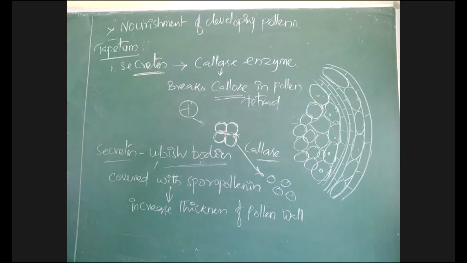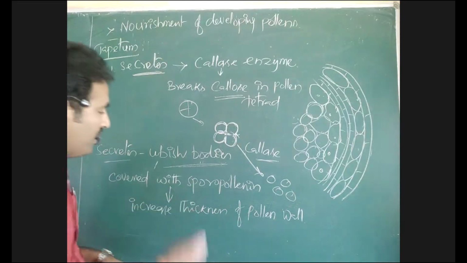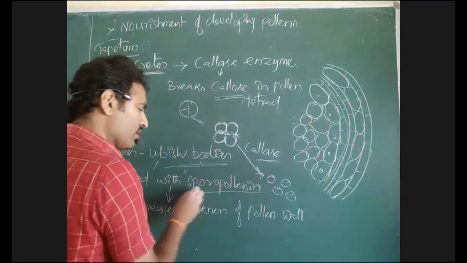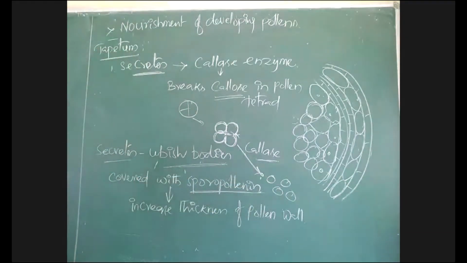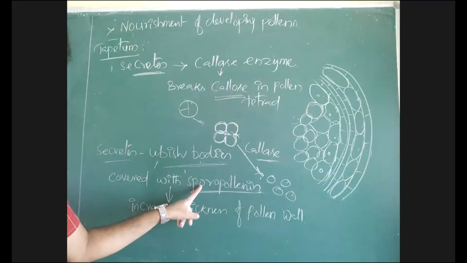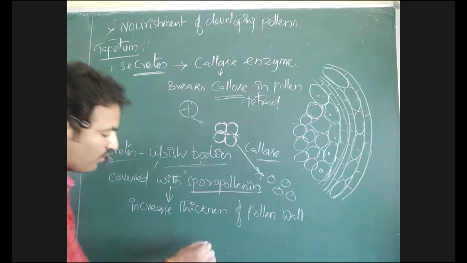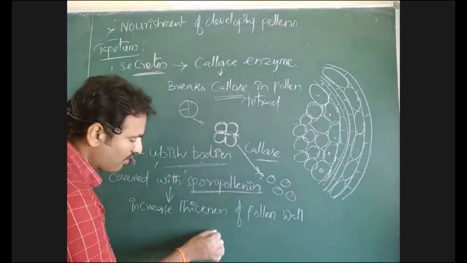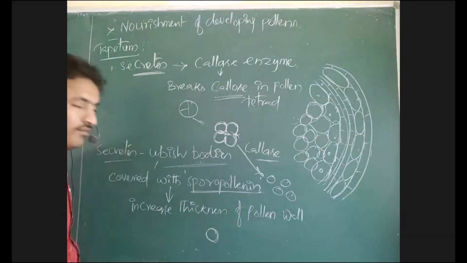What is sporopollenin? Sporopollenin is a very, very important substance. It is the most resistant chemical substance. This sporopollenin is present on the surface of the pollen grain.